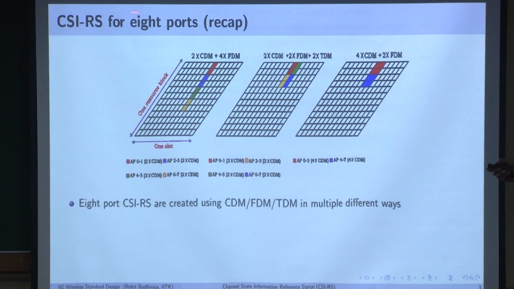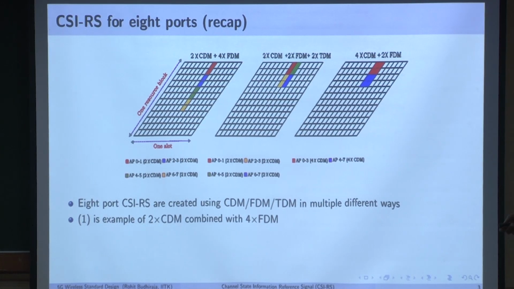So here we are learning it for 8 port CSI-RS, and these 8 port CSI-RS are created using CDM, FDM and TDM configuration. Example 1 is basically 2 port CDM combined with 4 FDM, so 2 ports and then 8 ports are created using FDM.